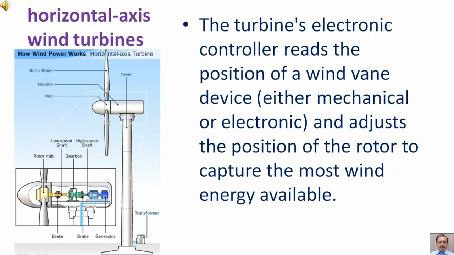The turbine's electronic controller reads the position of a wind vane device and adjusts the position of the rotor to capture the most wind energy available.